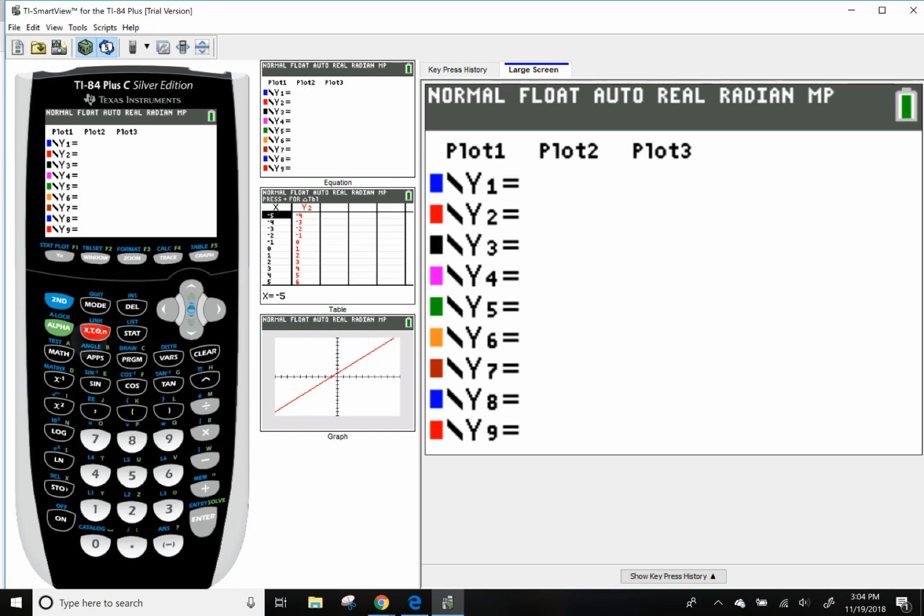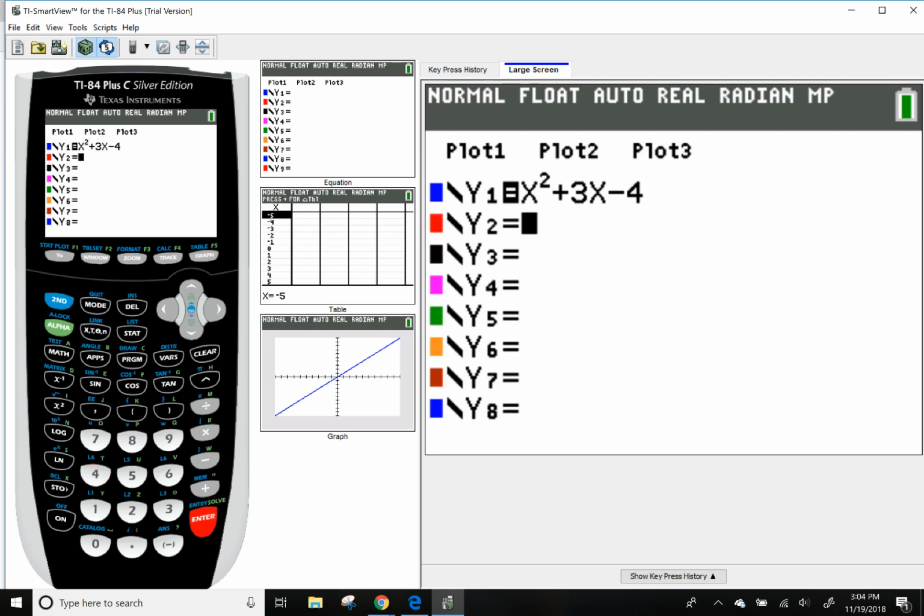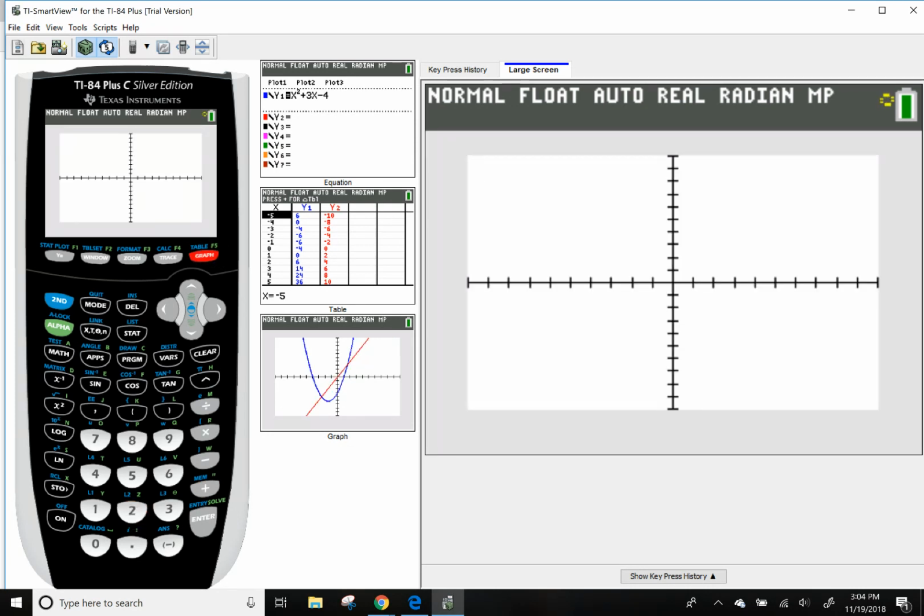The first one is x squared plus 3x minus 4. Hit enter and then the next one, which was 2x plus 2. All right, we're going to graph and see where these two cross.